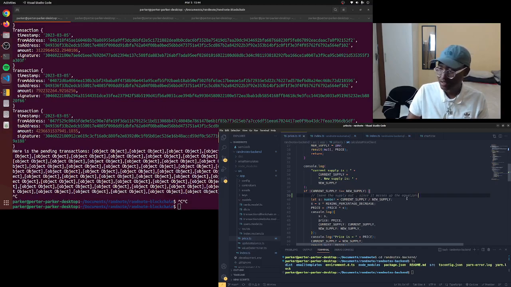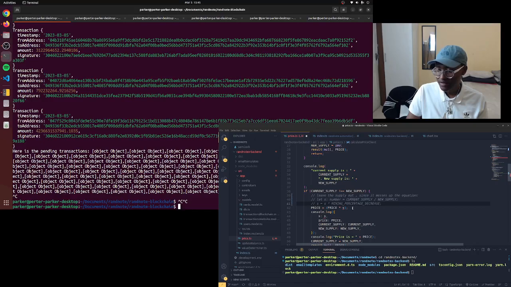I haven't come up with a good way. So whenever there's an increase in supply, just reduce the price. Say price, reduce it by 10%.